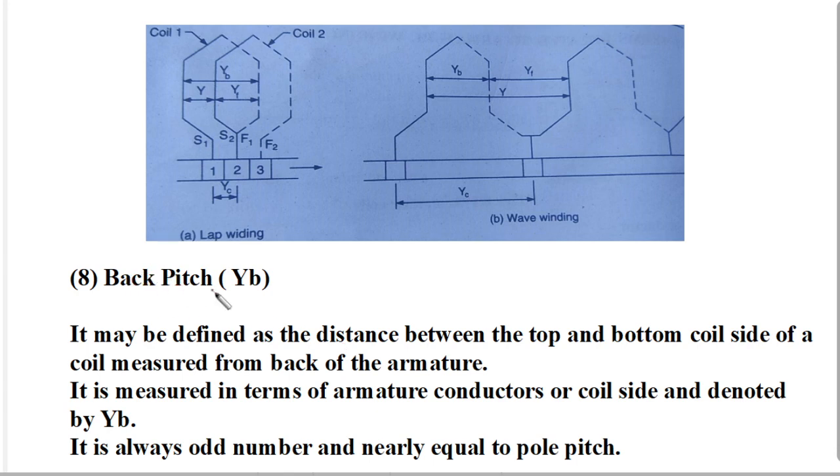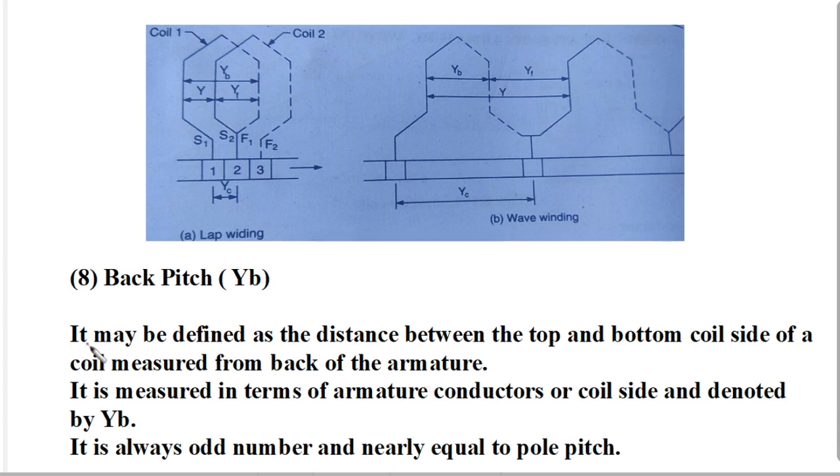Now back pitch YB. You can see here that is YB, from here to here, and in wave winding that is also back pitch YB. It may be defined as the distance between the top and bottom coil sides of a coil, measured from the back of the armature.